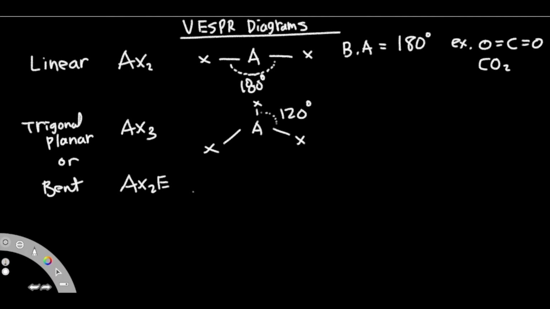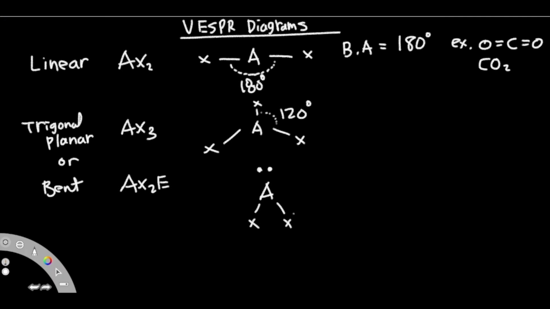Let's have a look as to why. It looks this way as a bent shape. If I were to draw my A over here, I had my X up here, but instead of an X, now I'm going to put these two electrons, the lone pair, as opposed to the X. And then these two X's will stay the same. Because these X's stay the same, I might actually want to bring this a little bit closer downwards because, of course, this one has a lot of repulsion.